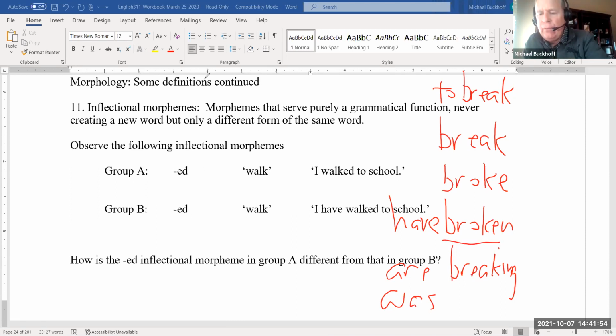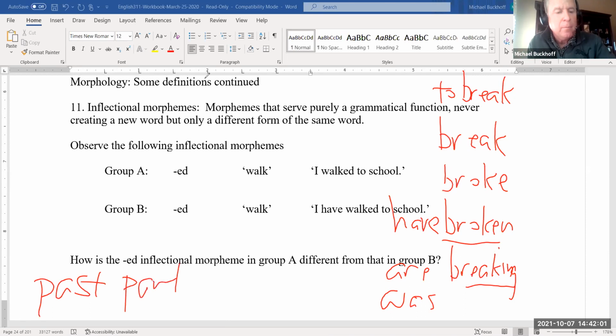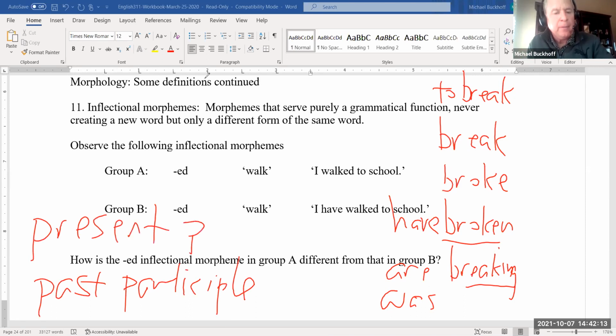You might not know what I'm talking about, so let me write them down here: the past participle, and what's called the present participle. Now that you know some of the language, how is group B walked different from walked in group A? Just use the language I just showed you.